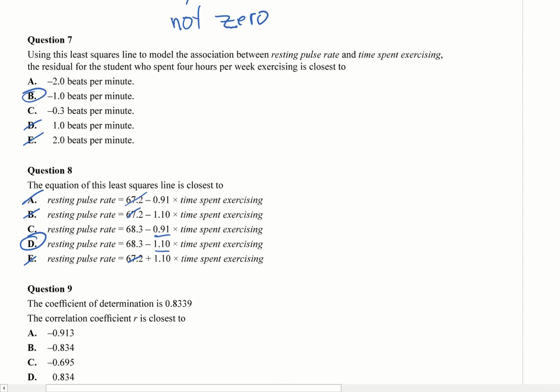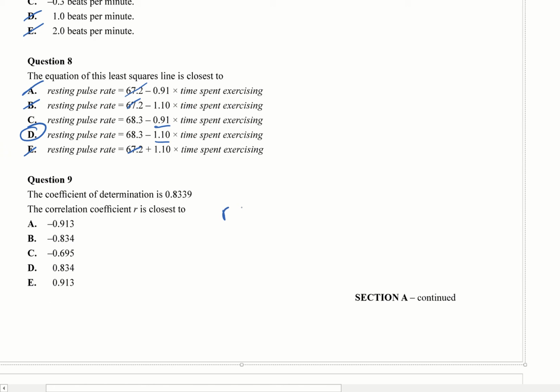Okay, last one here. We've got the coefficient of determination is 0.8339. The correlation coefficient is closest to what? In this case, what we need to do is get the square root, because remember, r squared equals 0.8339.